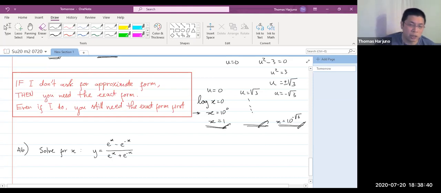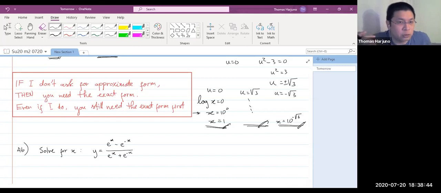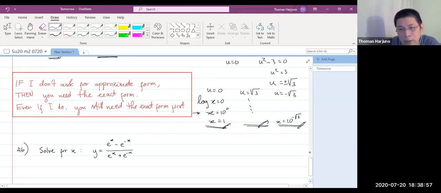Now you will see if we see this as a function, this function is actually one-to-one, and therefore we can find the inverse function.